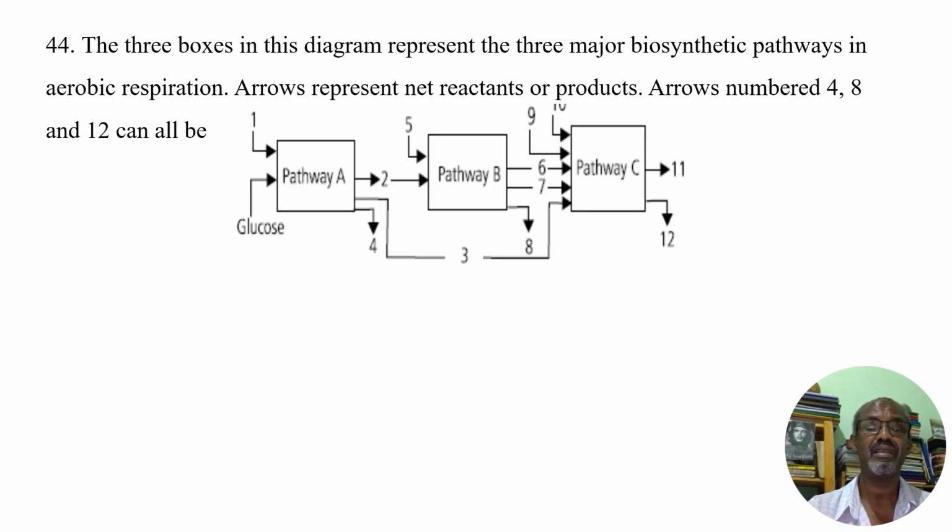This one is the citric acid cycle, and this is the electron transport system. You have to understand it that way. When we talk about aerobic respiration, we are talking about cellular respiration. What are the stages? The major stages: the glycolysis pathway, the citric acid cycle, and the electron transport system.